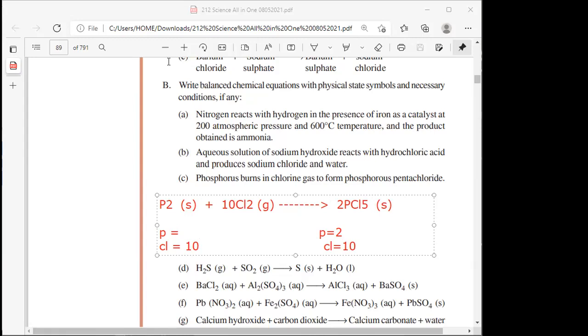Please, we can write numbers in front. Yes, beta, what are you saying?